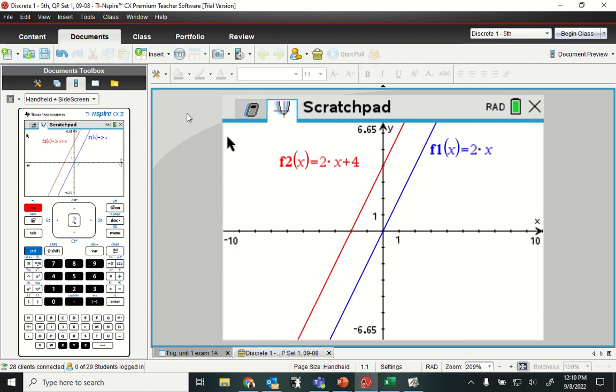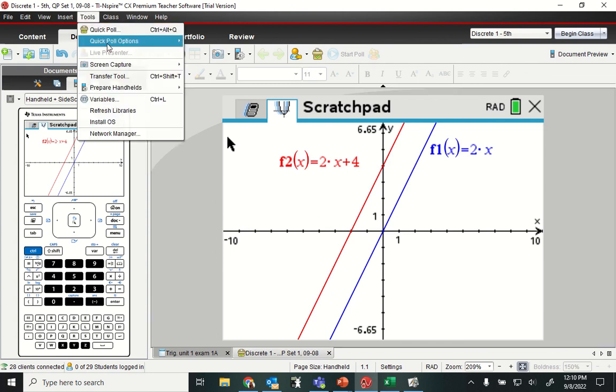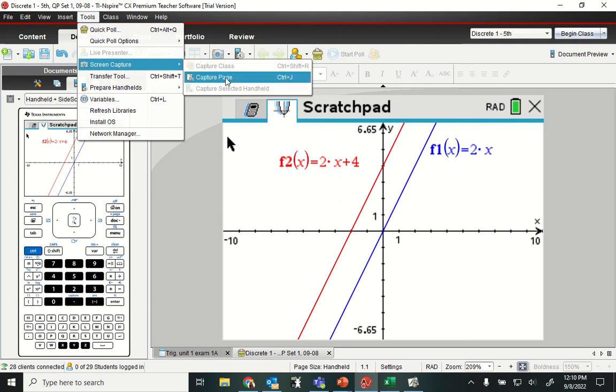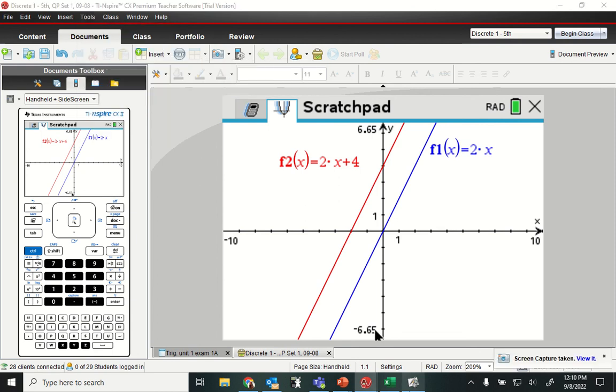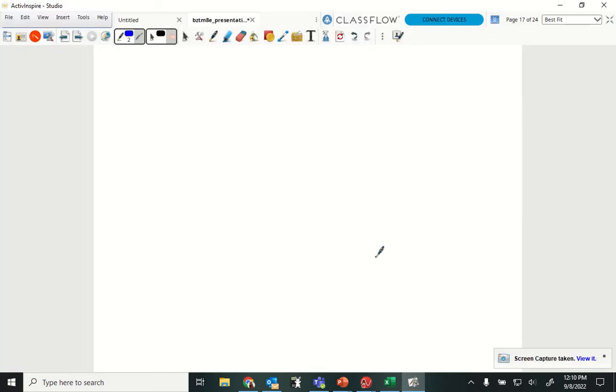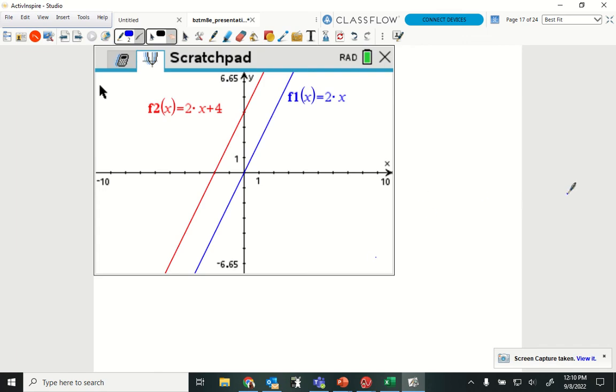All right, let me see. And so our graph will go right here in my notes for the presentation. Now, does anyone need help getting their graph to actually look like mine?